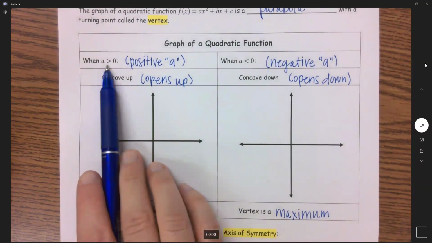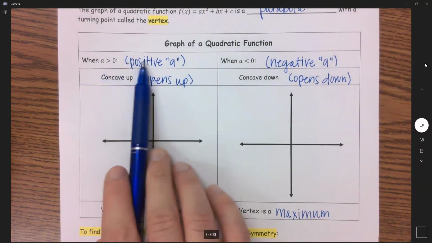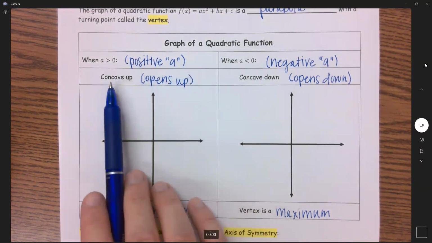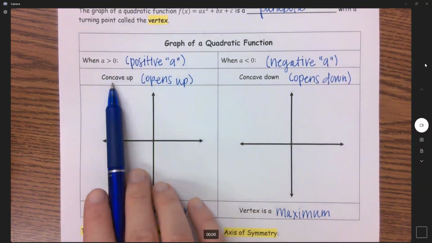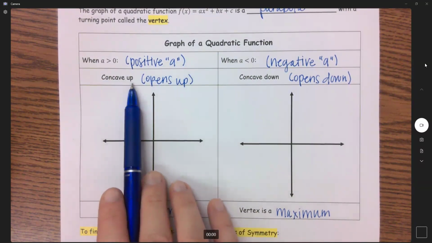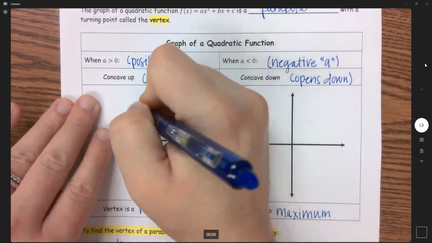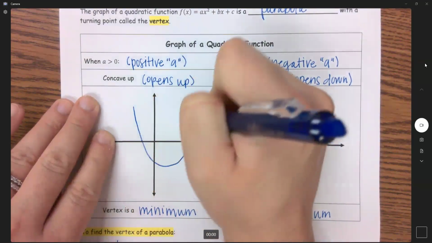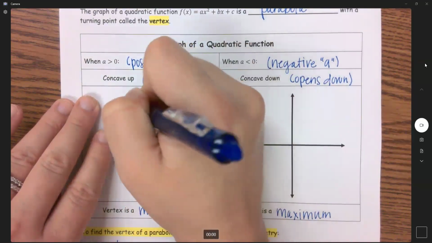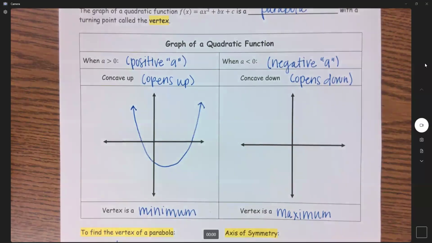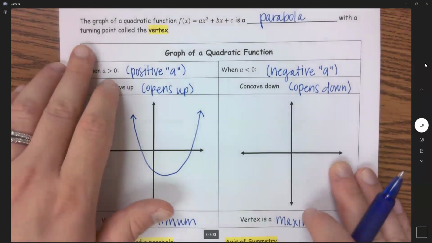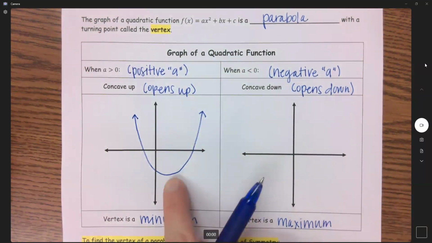But when a is greater than 0, or in other words, when a is positive, we are going to have a quadratic function with a graph that is concave up, which means it's going to open up. So I'm going to have a parabola that maybe looks something like this. It says that the turning point is called a vertex, so here's my vertex.